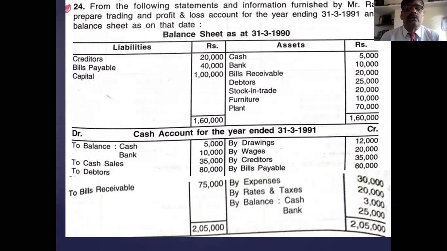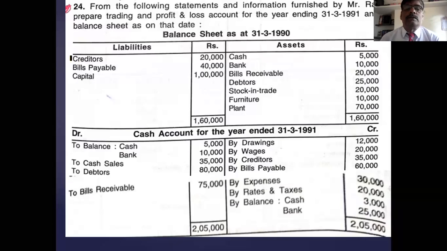So you have to prepare creditors related account and debtors related account. That is the only requirement for you people. Thereafter, you go for preparation of trading profit and loss account and balance sheet. Okay, so now I go for the explanation of each item.